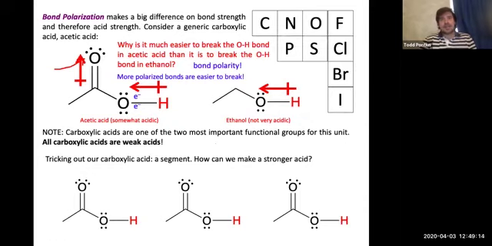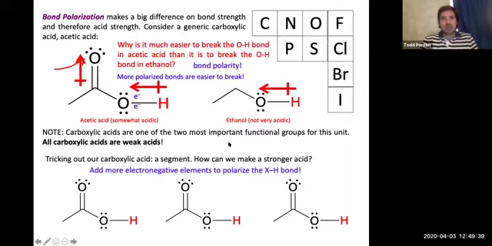So our key idea here is the more polarized the bond is, the more we can pull electrons away from that hydrogen, the stronger the acid becomes. And I think you'll see there is a really quick little rule of thumb that we can use if we evaluate carboxylic acids. So I like to call this tricking out our carboxylic acid. How can we make a stronger acid?